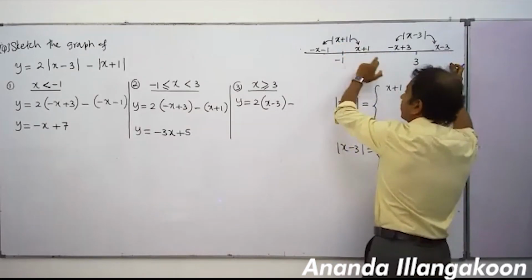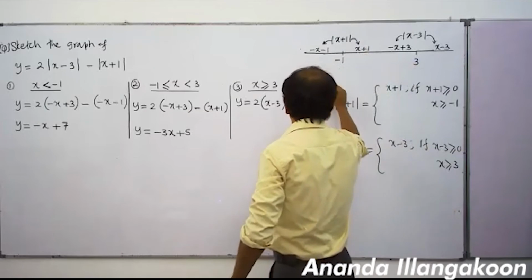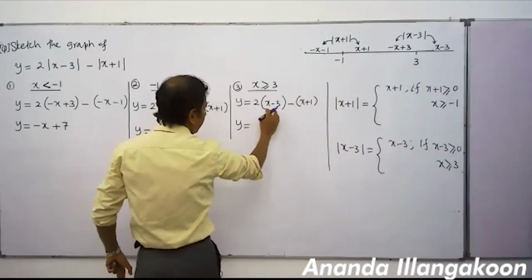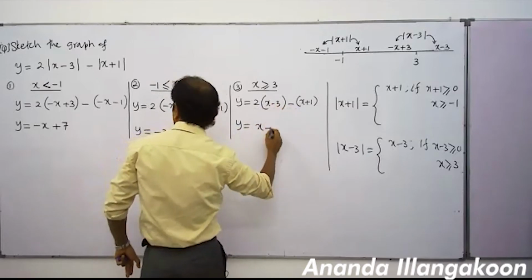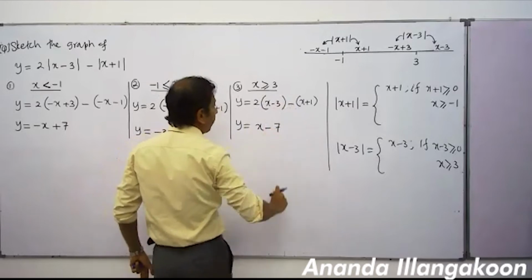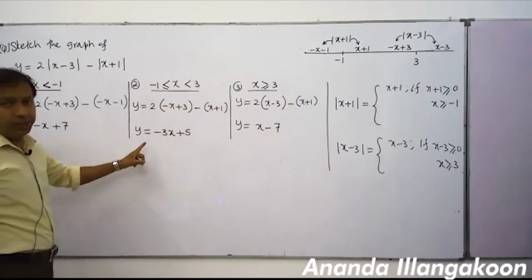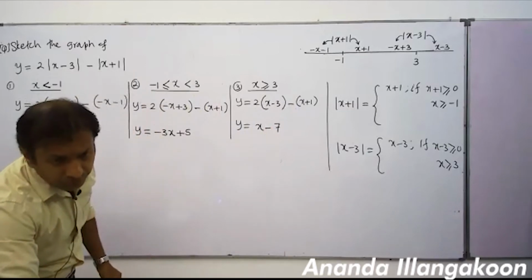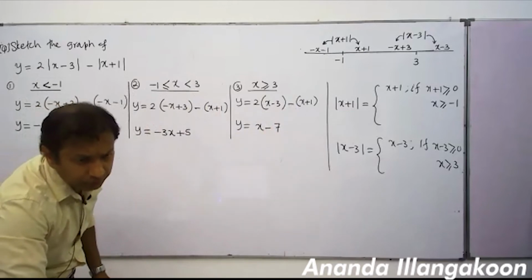This will take x plus 1. Now simplify this. It is y equals 2x minus x is x, minus 6 minus 1 is minus 7. Right. These are the 3 graphs we have drawn in each interval.